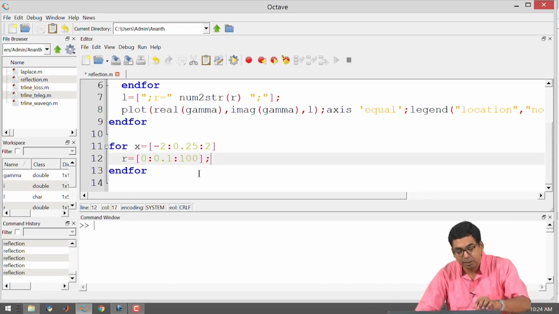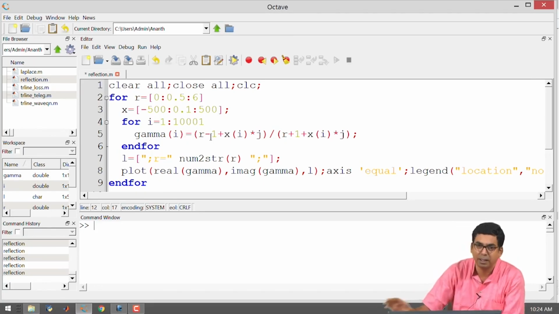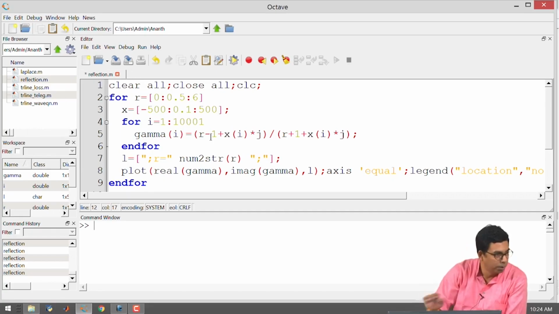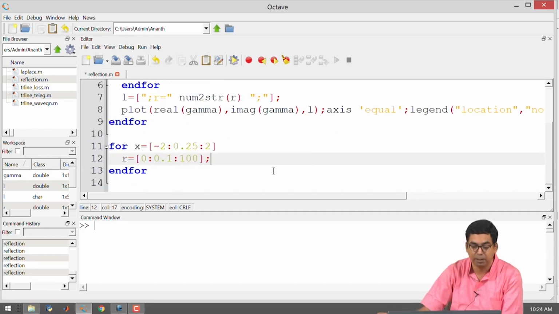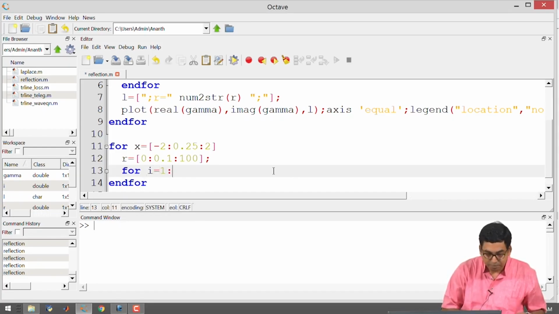The program structure for this part will be similar to this part, just the values are slightly changed. The values are changed because you will notice that if you change the values, some things will become not clear. I'll explain that in a second, once we complete the program. Right. Okay. So, now I'll have for i equal to 1 colon 10,000 and 1.